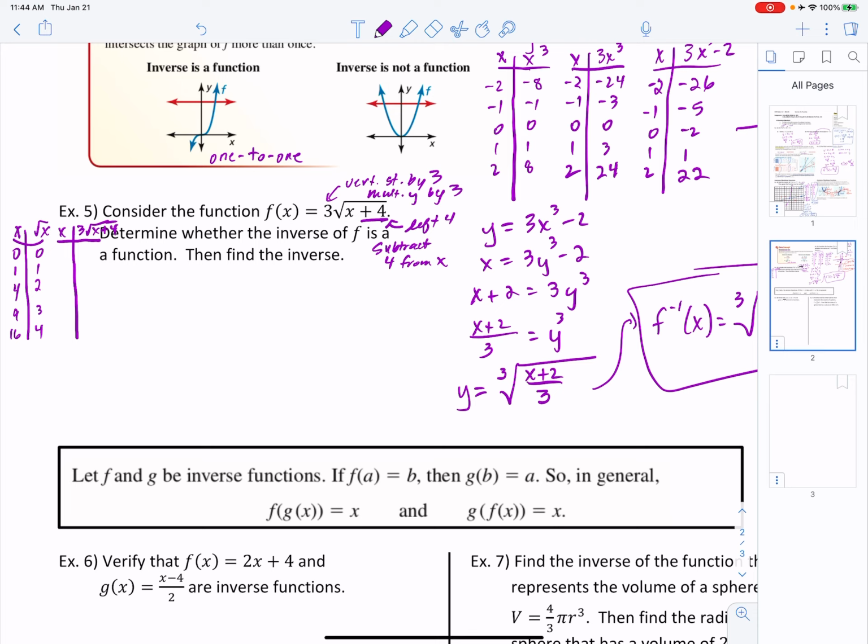So the vertical stretch by 3, multiply y by 3. And then subtract 4 from the x's. And then go ahead and graph that and see what the graph of that looks like.